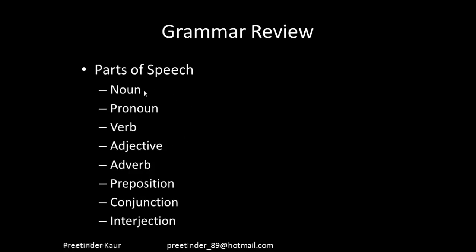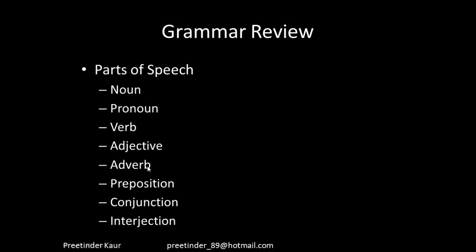Adjectives describe these nouns. For example, kind, honest, intelligent, loving. Adverbs are the words or parts of speech that describe a verb. For example, running very fast. So in that case, very would be the adverb, which will be describing the adjective fast, which was describing the verb running.